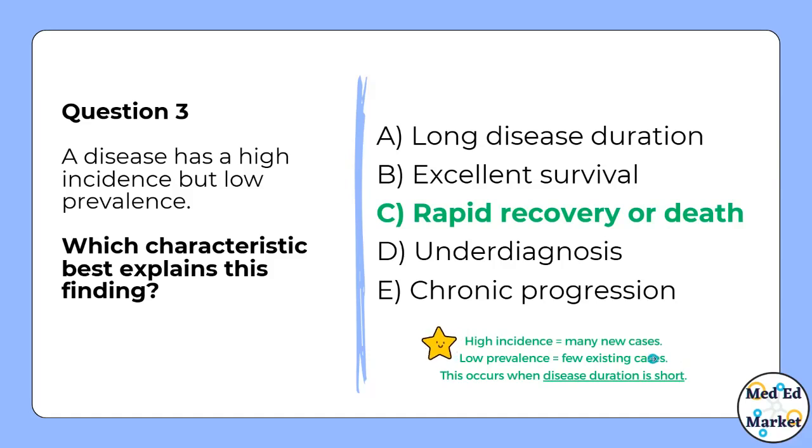And the reason this happens is because disease duration is short. That means either we are very quickly curing people, therefore the total number of disease cases is going down, or those cases are dying very quickly, therefore the total number of disease patients in the population is going down because they no longer exist because they have passed away.